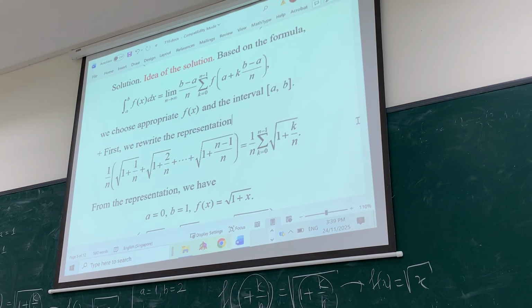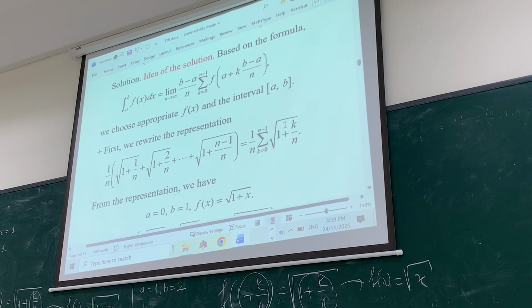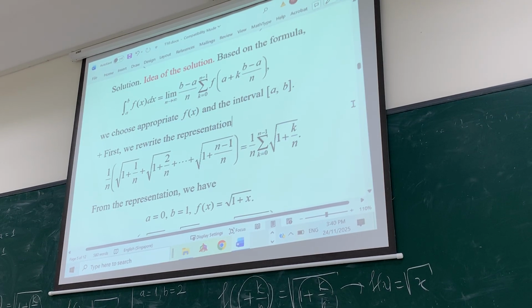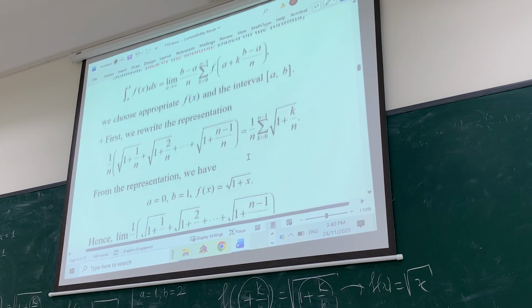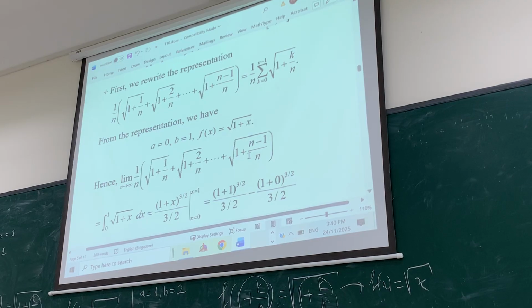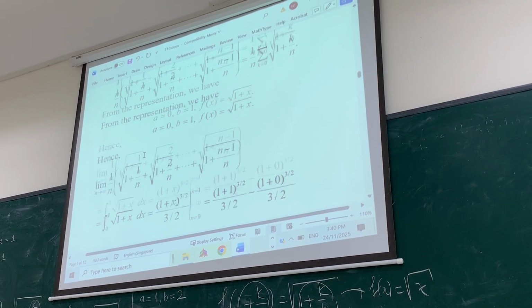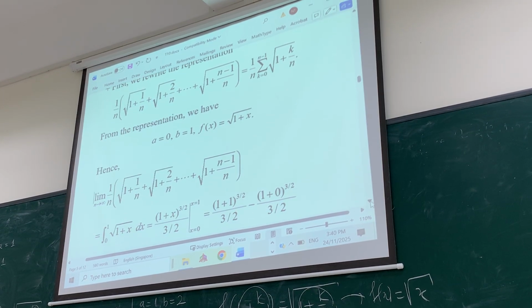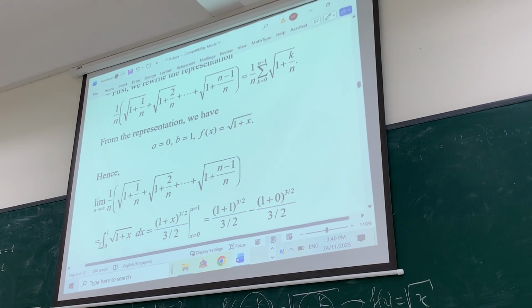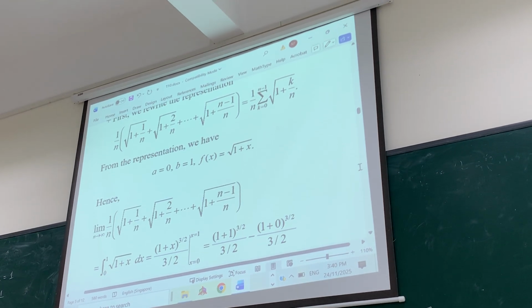Okay, continue. When we know a, b and f, we can express the limit by a definite integral. The limit is equal to the definite integral from 0 to 1 of square root of 1 plus x.